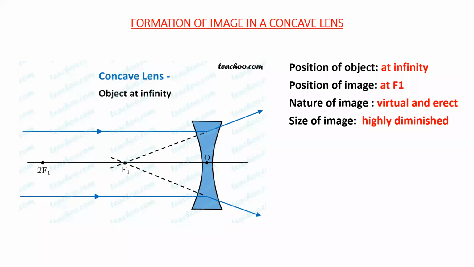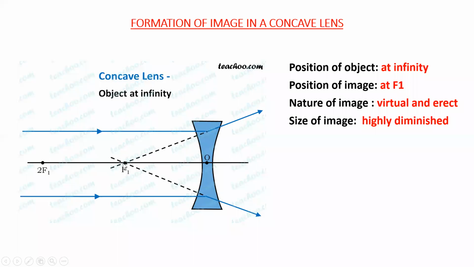So what we have done? We have produced these refracted rays backward by drawing virtual line. So when they are produced backward, they appear to originate from it. यहाँ meet word use नहीं करेंगे.